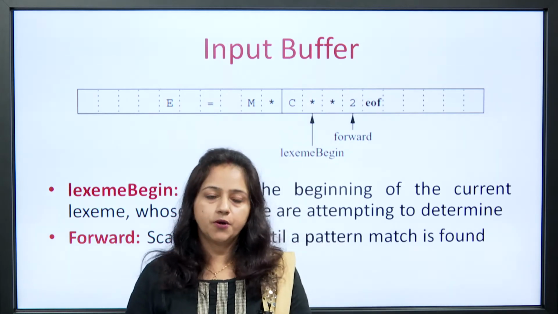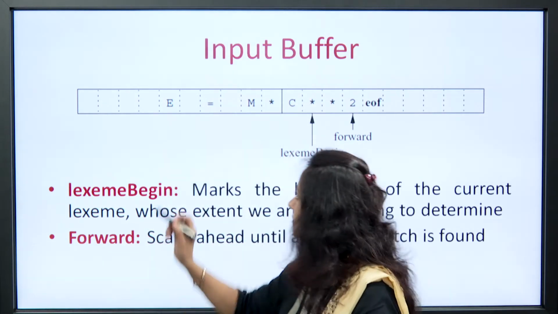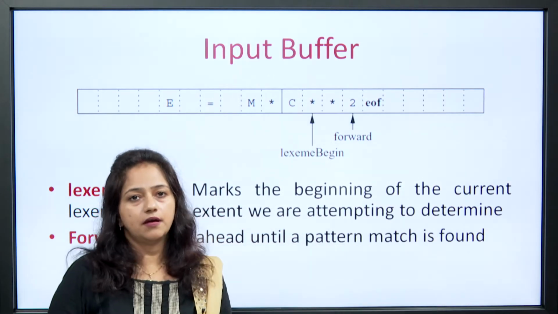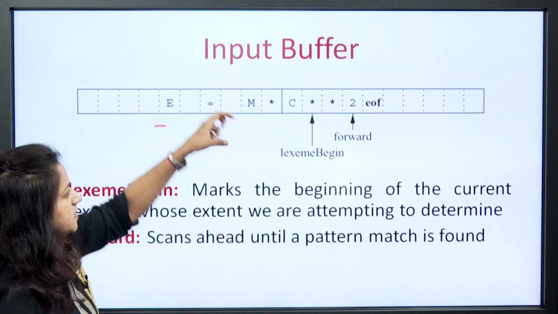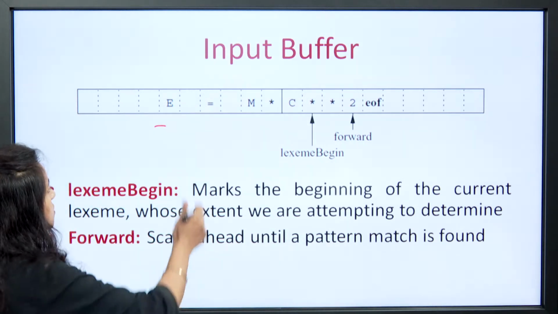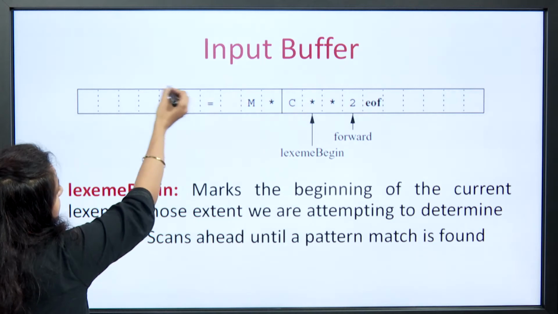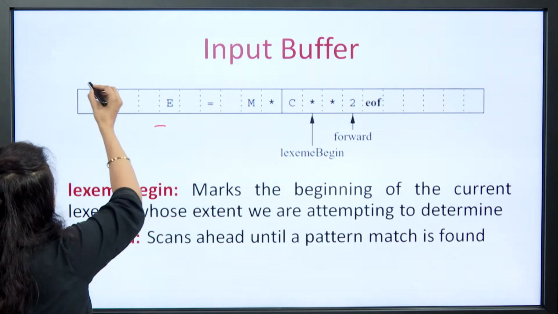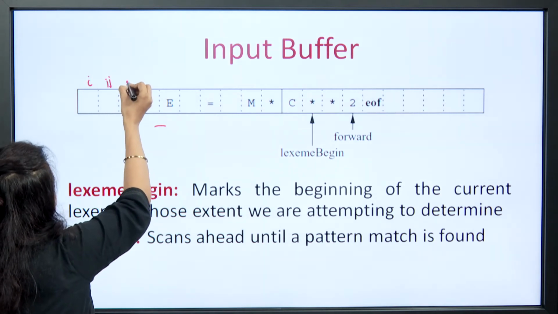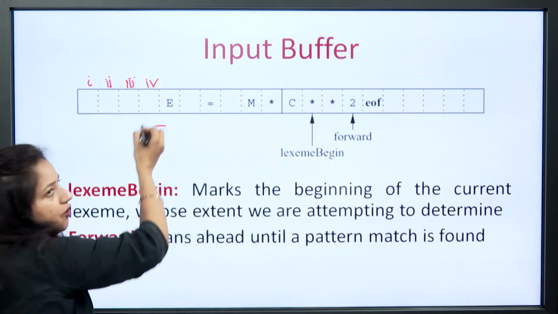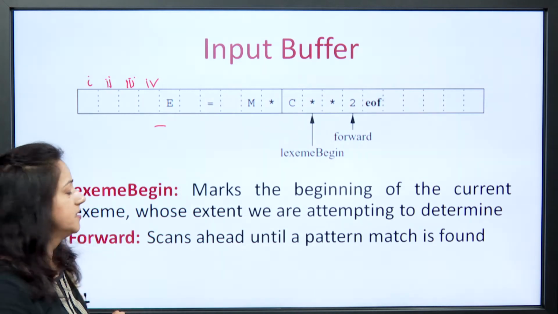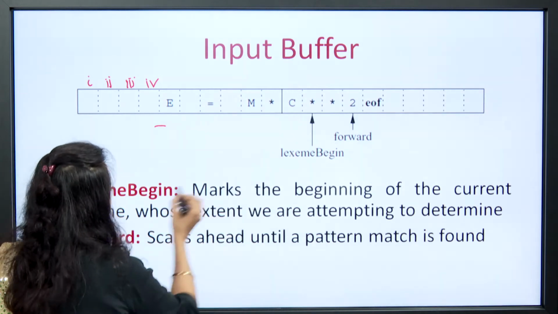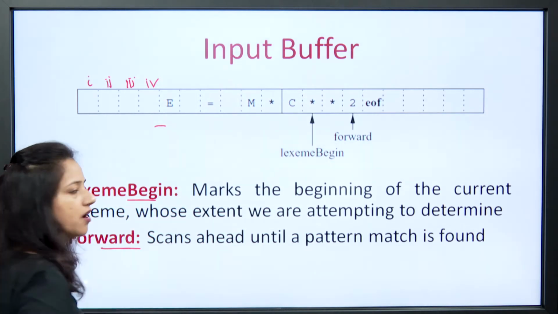Now, next is input buffer. Here we have the statement, suppose E is equal to MC square, with respect to the source program, and the source program lies in the input buffer, which is divided into a number of cells. They can be numbered like 1, 2, 3 and 4. It has its left end and then it grows like this, and here we have two pointers, the lexeme beginning pointer and the forward pointer.